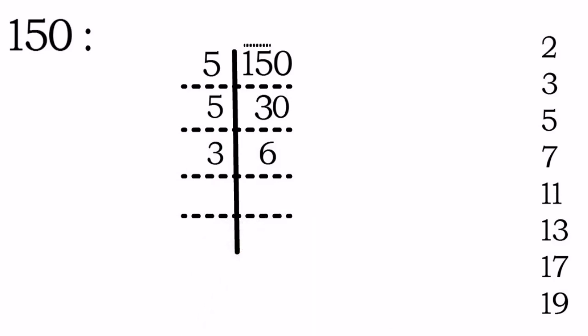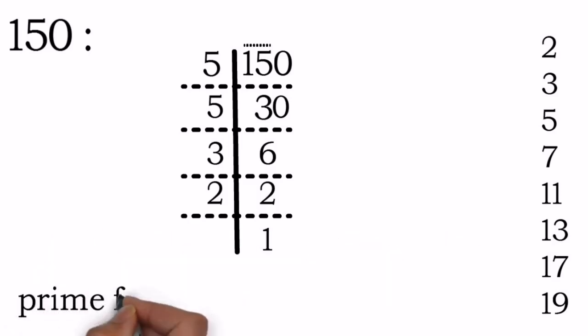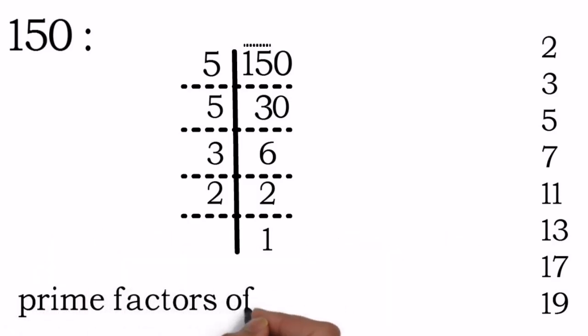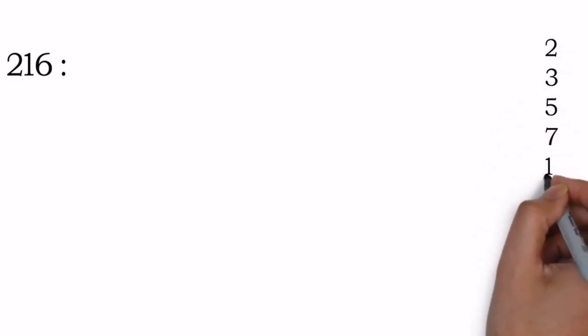And 2 can be divided further by 2 itself, and the last number of the working is nothing but 1. So what numbers did we get as an answer over here? We got 5 into 5 into 3 into 2 as the prime factors of 150. I hope I made it very clear to you. Keep it in mind, the divisibility test is very important while finding the prime factors.